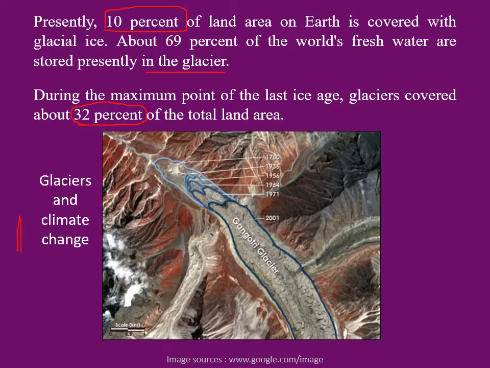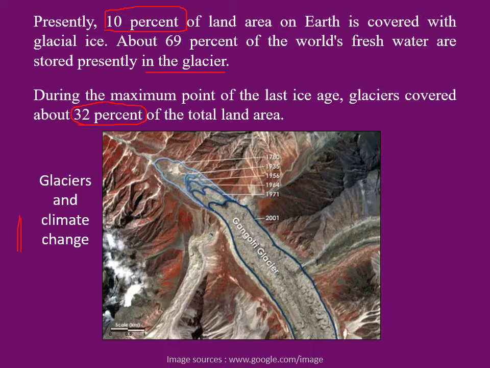For example, if you look at the position of Gangotri Glacier, these lines are the glacial lines. This is the last recorded line in 2001, the position of Gangotri Glacier.